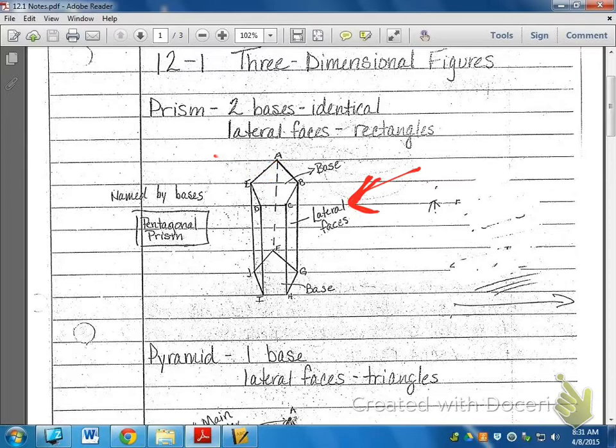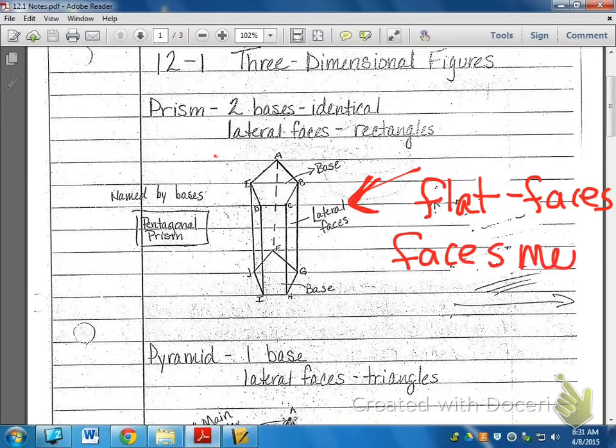All right, something else about these shapes that we need to talk about. You have flat surfaces, so you probably want to write this down. Flat surfaces are faces. Where the faces meet, those are called edges. So the edges are the lines that you draw to draw the shape, but they are edges because the two flat surfaces meet there.